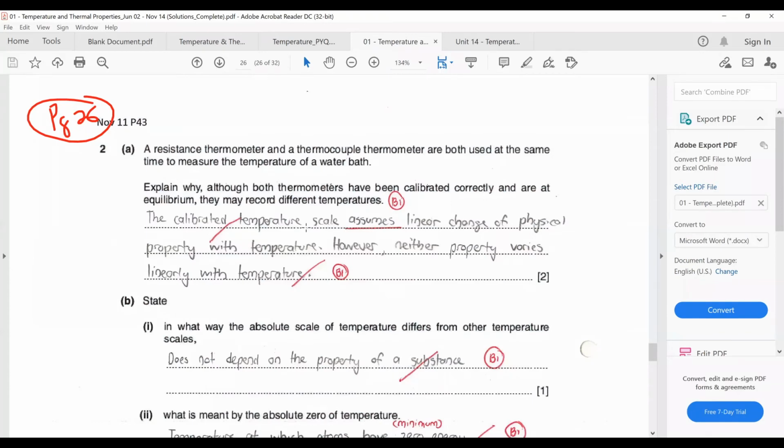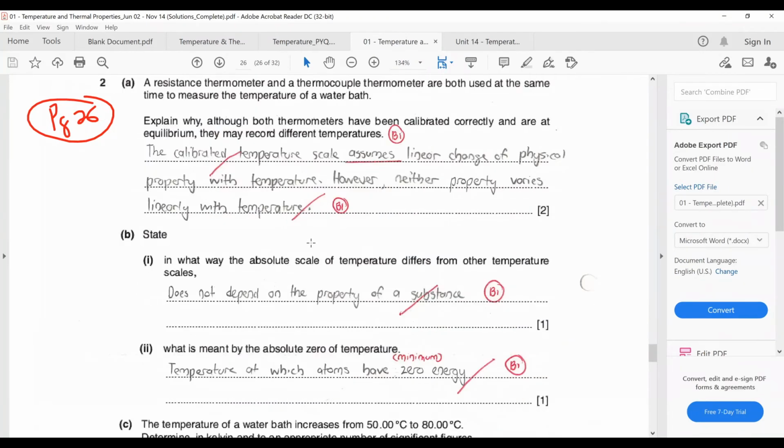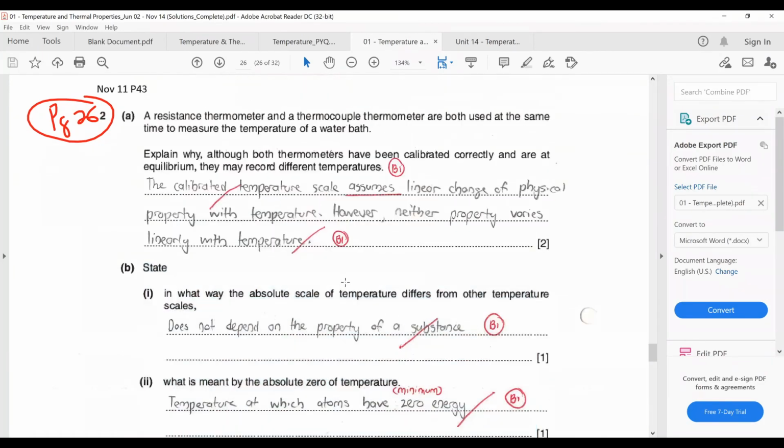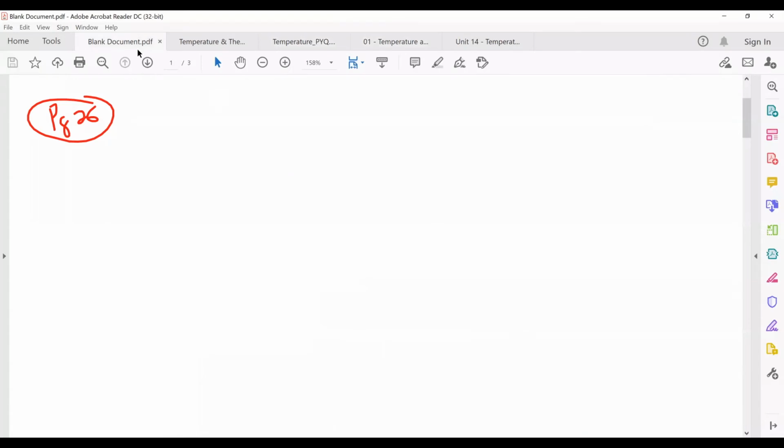Alright. Okay, so then part B. Part B is the one that I need to explain a bit now for you. You would have seen before this that when it comes to temperature, temperature can be measured in two different units.